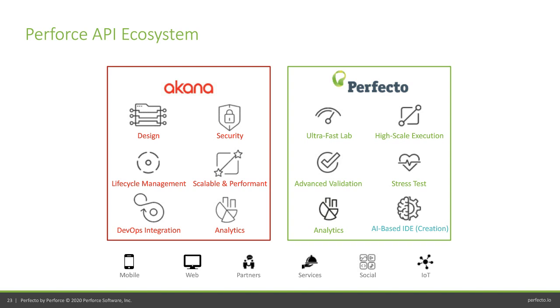Thank you, Eran. Our next question is, what is the performance impact of applying multiple security policies to an API? Wow, that's a great question. Yes, the platform allows us to protect APIs by applying multiple security policies.